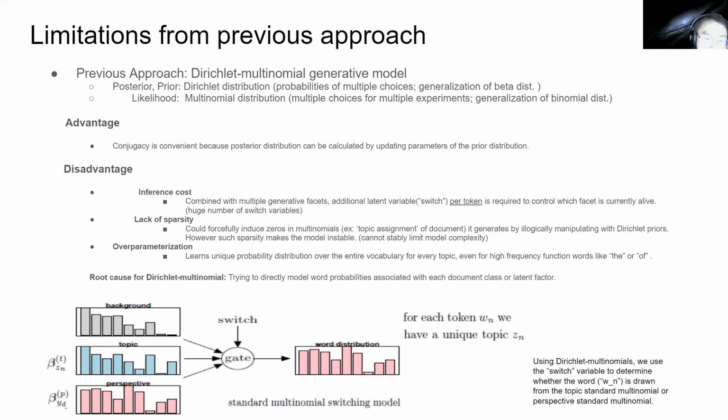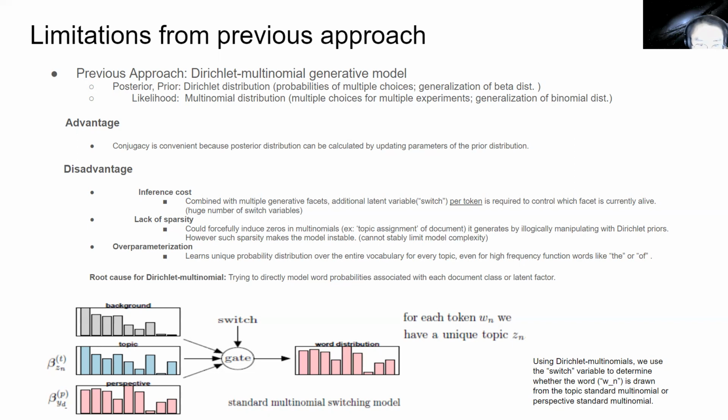To explain the diagram, in the word distribution diagram here, each bar corresponds to a word's raw probability. We're trying to figure out which one of these, background, topic or perspective, is responsible for the distribution of that specific word. You can think of it as copying one bar from the left among these three, choosing one through the switch variable.